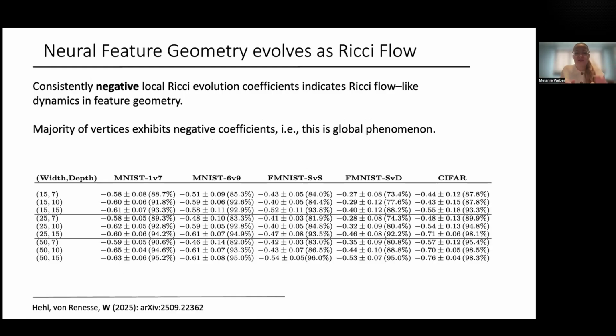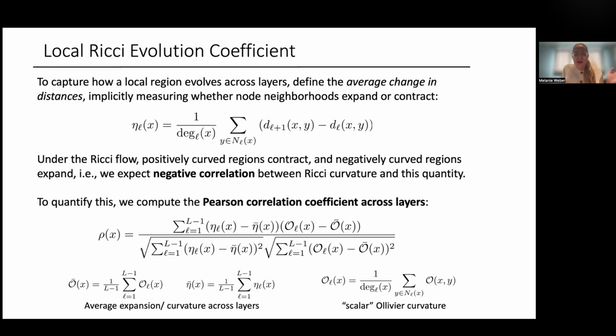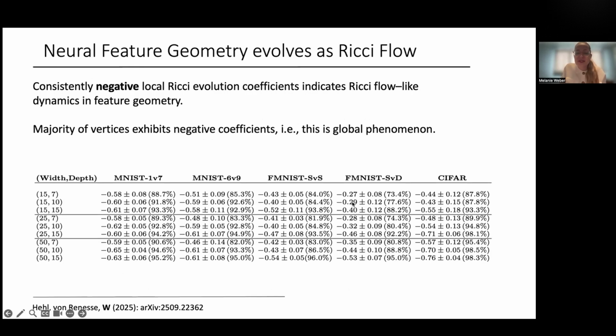If we look at the data from our experiments, I should say we expect a negative correlation if this alignment that we would expect under Ricci flow type evolution of feature geometry holds; we expect negative correlation coefficients. And we see here that across data sets, so here you see some samples of the results for the real world data, similar observations can be made for the synthetic data, we always have negative coefficients.